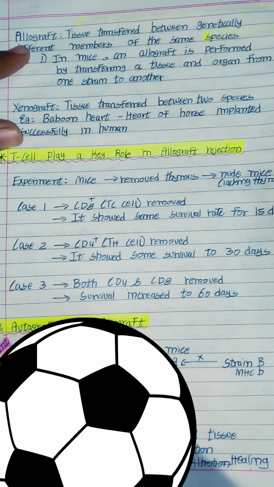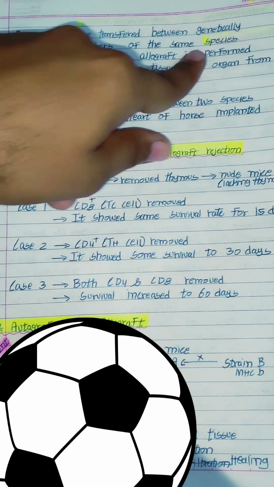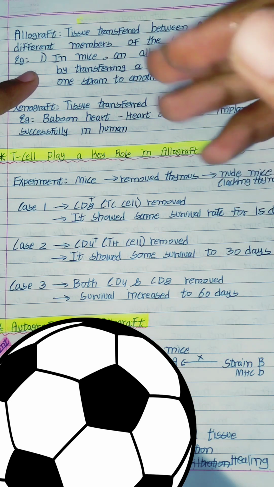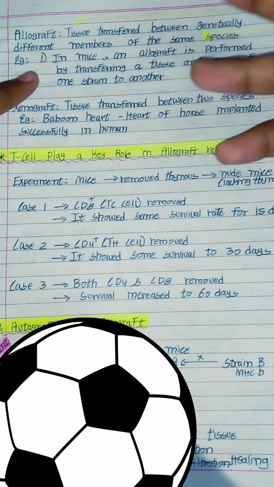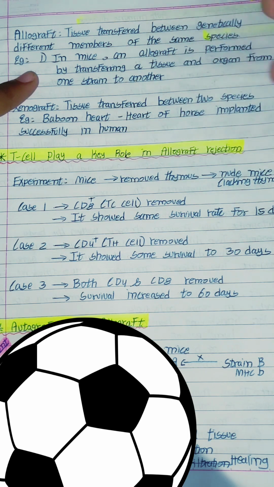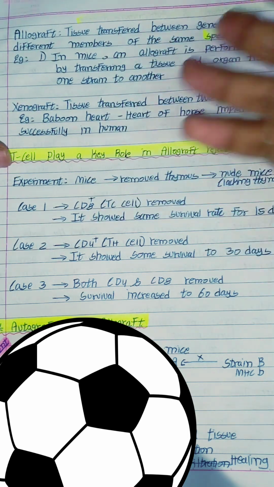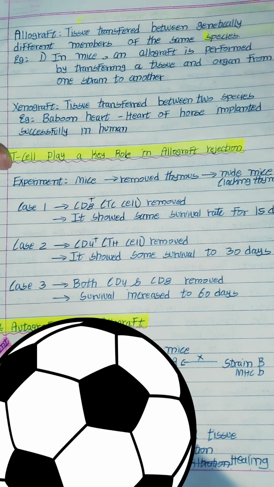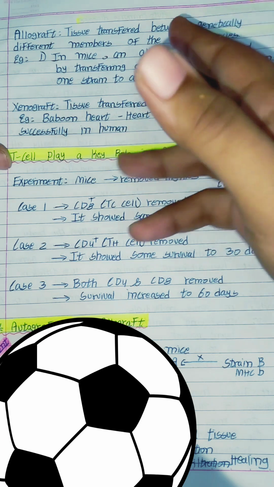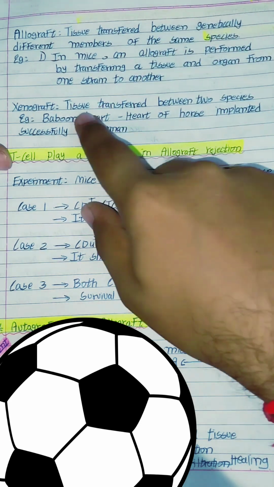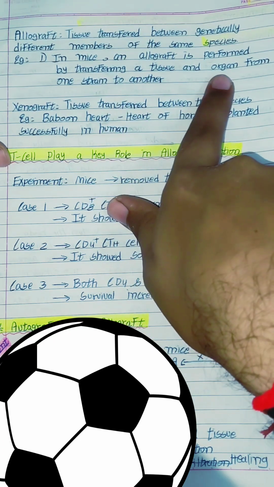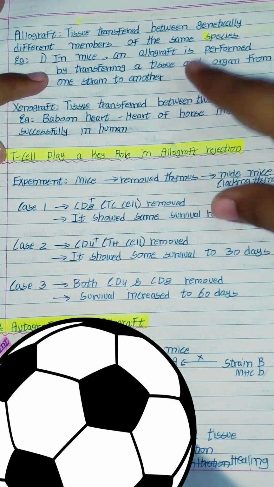Now another is allograft. It is a tissue transfer between genetically different members of the same species. There are so many species in this universe, so it can be between any members of a species. For example, in mice, an allograft is performed by transferring a tissue or organ from one strain to another strain.